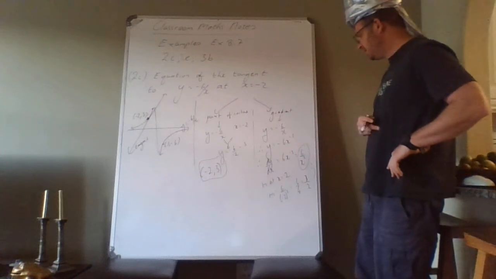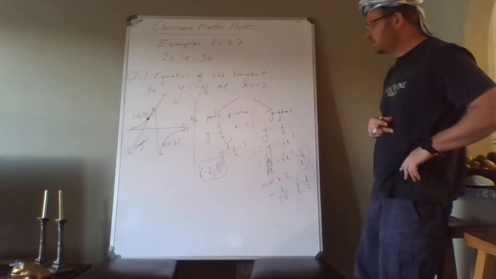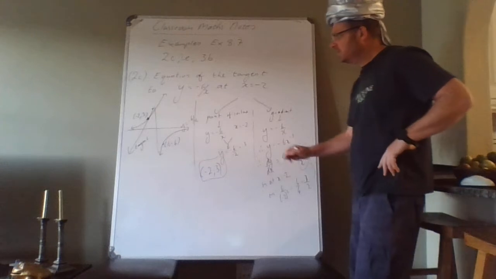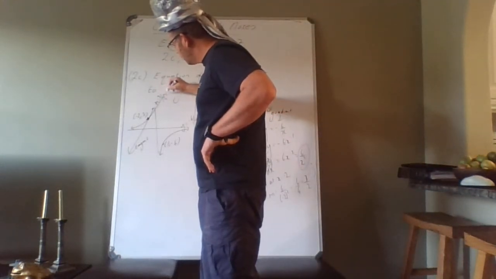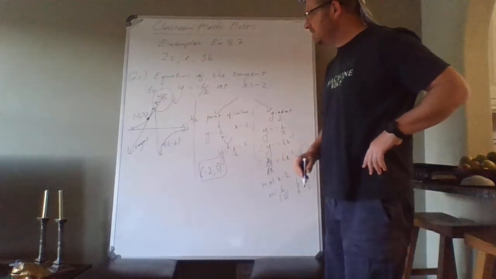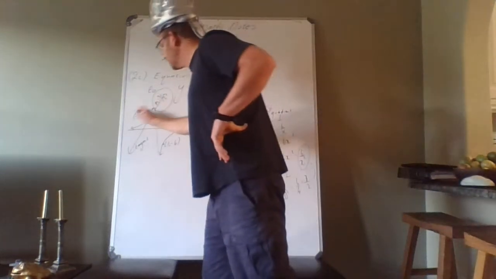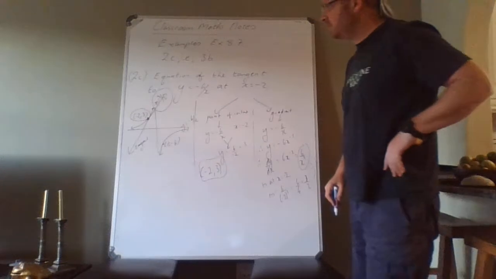So what have we worked out? The gradient here is equal to 3/2. So I've got a straight line. I know the gradient is 3/2. I know a point on the straight line is -2, 3.